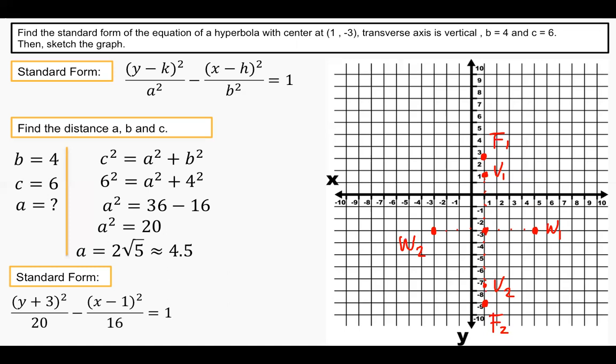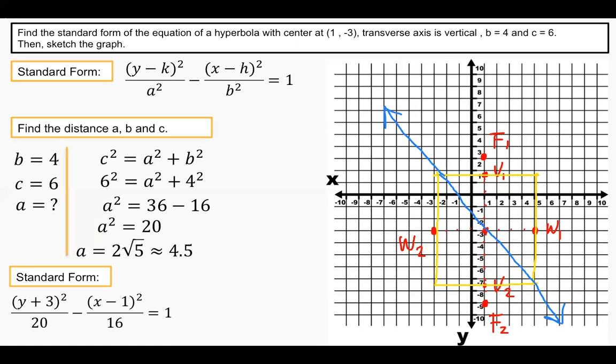Then construct the auxiliary rectangle joining the vertices and the co-vertices. So this is our auxiliary rectangle. And after that, construct two lines that pass through the corners of the auxiliary rectangle.